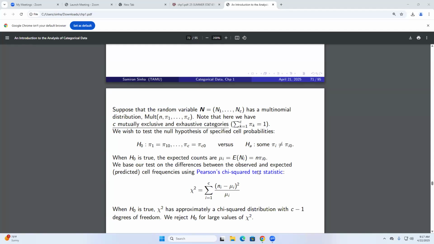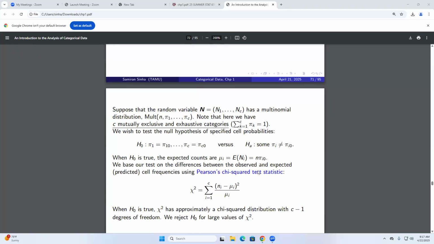N is the total count, and pi 1, pi 2, pi c are the corresponding success probabilities. Now, C is the number of mutually exclusive categories one can have. So if you sum the success probabilities over the categories, it will add up to 1.